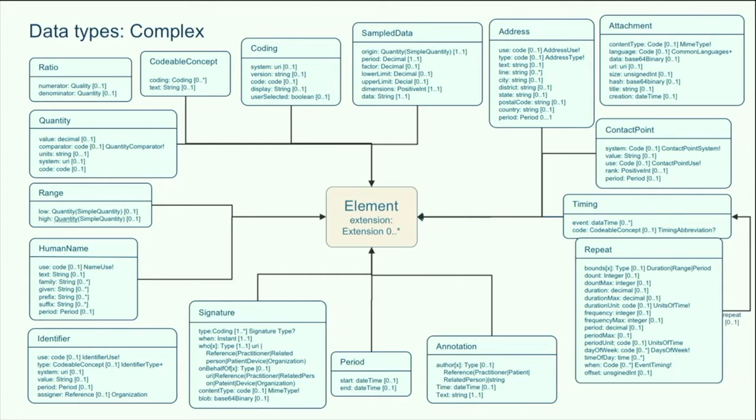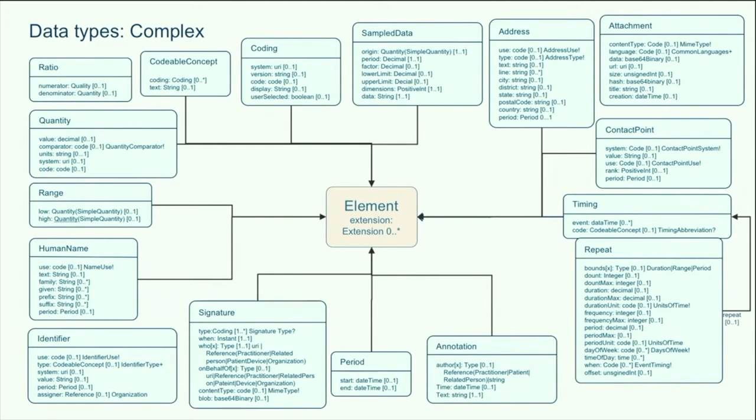And then the second kind are these complex data types. And this, to me, looks like a thing of beauty. I suspect that others might look at it and think that it's a little bit more complicated than that. But it's actually quite simple, particularly if you've been involved in other specifications. This is all there is, and a complex one has got child elements.